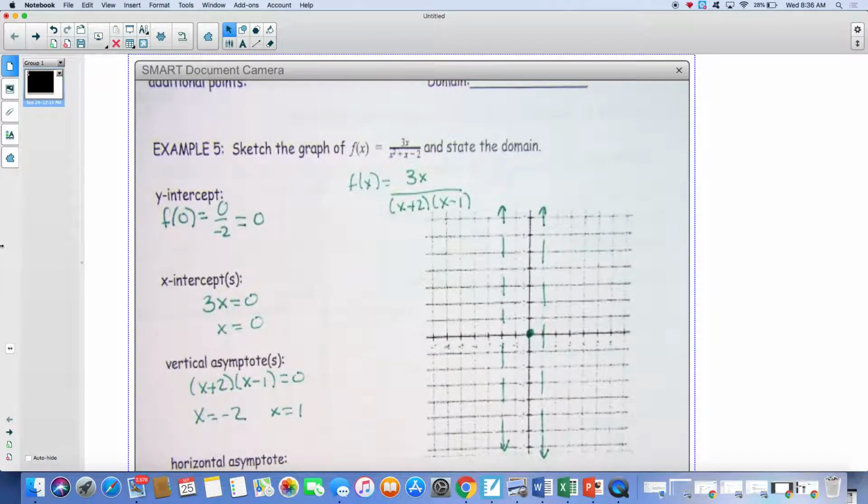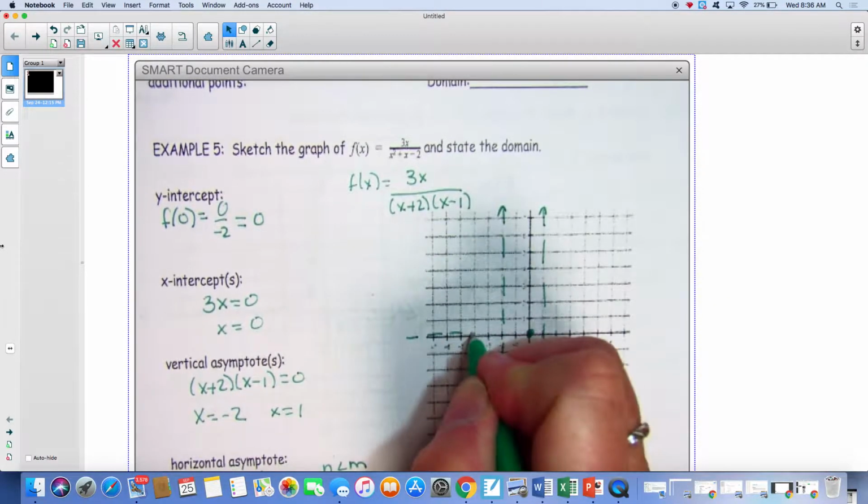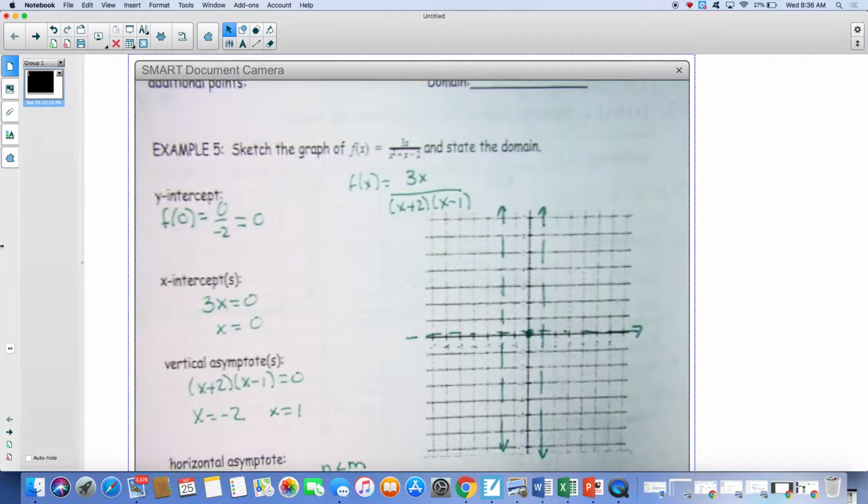All right. Horizontal asymptotes. Where are those found? Which rule? Rule 1, because the degree in the numerator is 1, the degree in the denominator is 2, so n is less than m, so that's rule number 1, so it's at y equals 0.